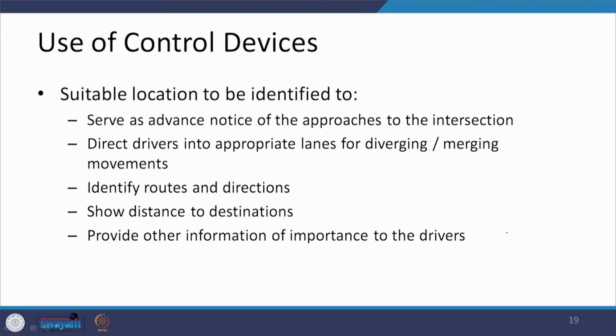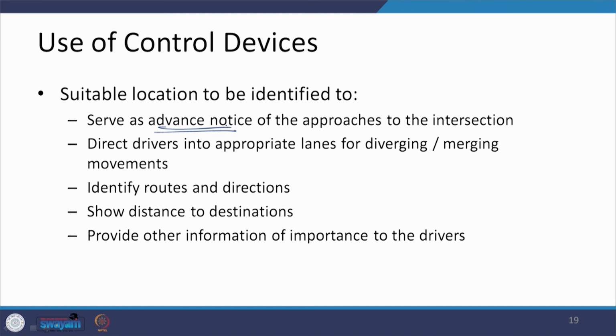Now, when you are looking at these devices which need to be used, we have to identify the suitable location where the devices can be placed. When you are looking at these locations, we have talked about the road signs, we have talked about their placement, we have talked about the distances at which they are going to be placed. The point here is that they should give an advance notice of what is happening ahead, and here in this case you are on an approach to an intersection, so that needs to be told.